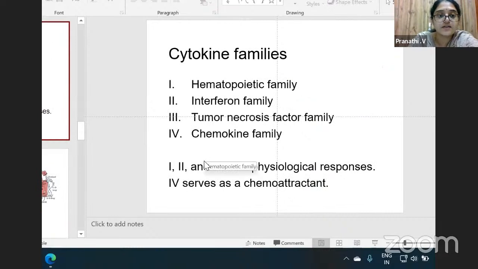And there are different kinds of cytokine families. There are 5 families: the hematopoietic family, interferon family, chemokine family, the tumor necrosis family, and also the hematopoietin family. Not exactly given in this, but you can see it in your textbook.